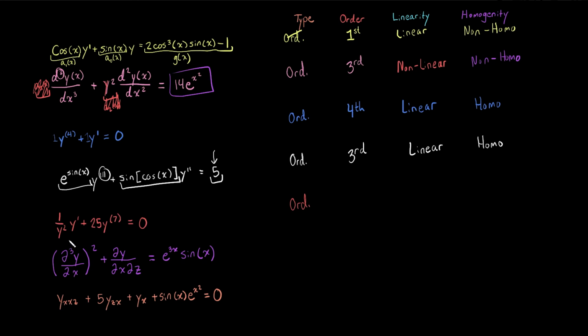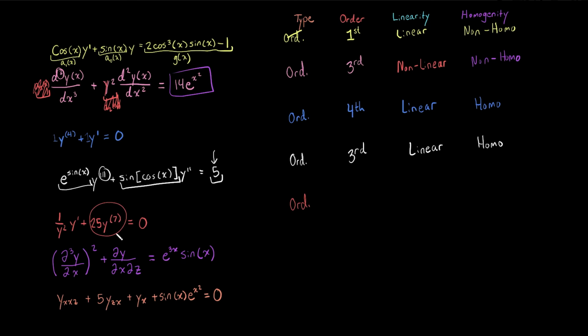Our order is going to be the highest derivative. Well, we have a 7th derivative right here, and you'll notice that this isn't the 7th power, but because there's a parentheses here, this is a different type of notation that represents the 7th order derivative.